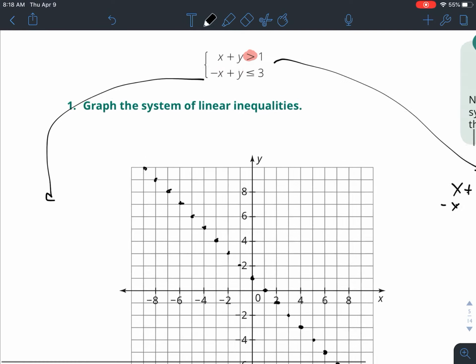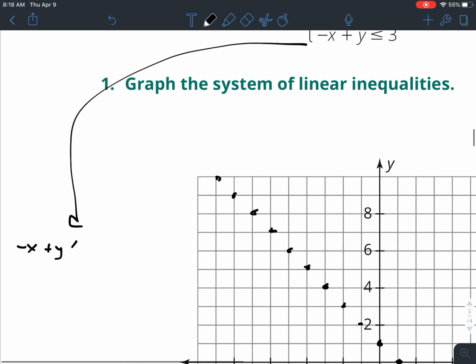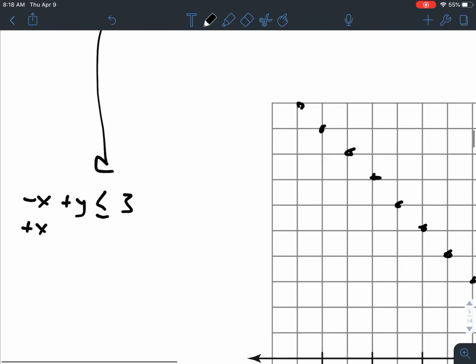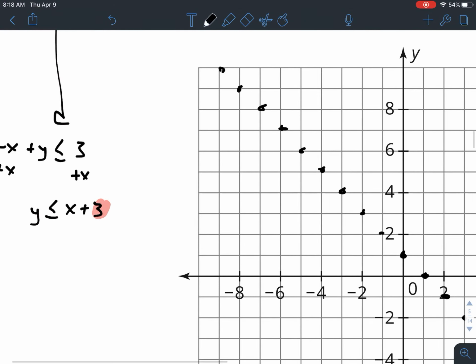Let's look at the other one now, which is negative x plus y is greater than or equal to 3. We add x on each side, which leaves us y is less than or equal to x plus 3. Once again, because there's the 3, that's our y-intercept, and it's positive, we know we're going to go up.